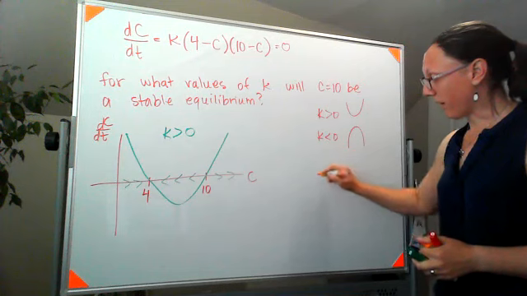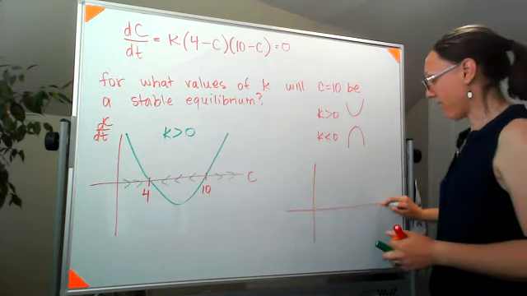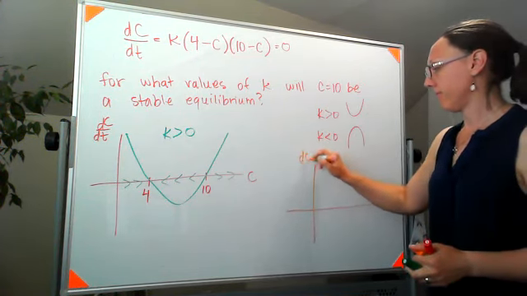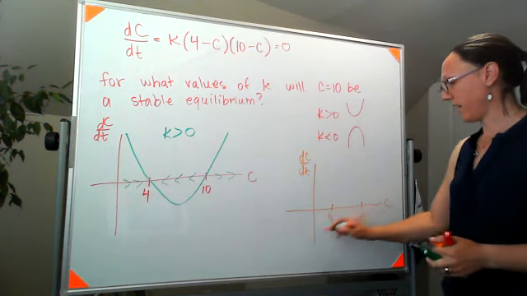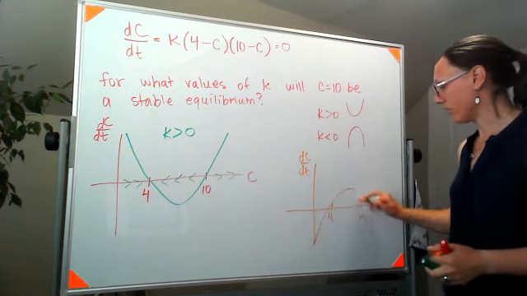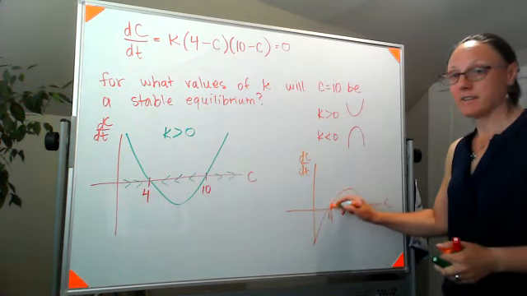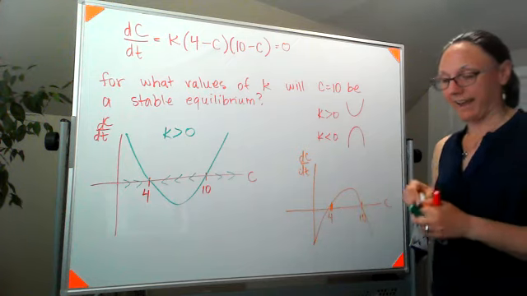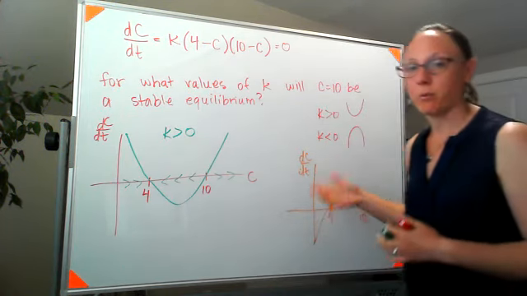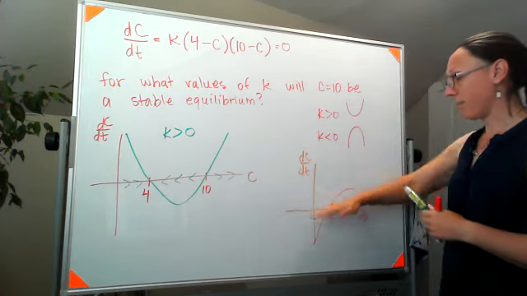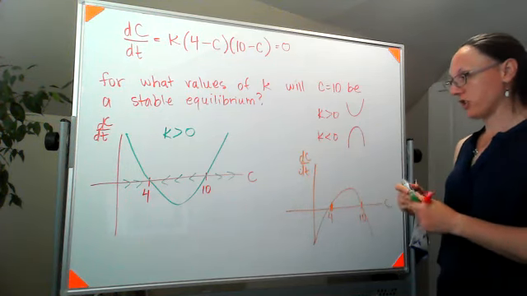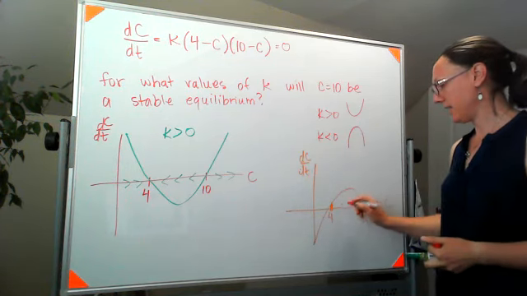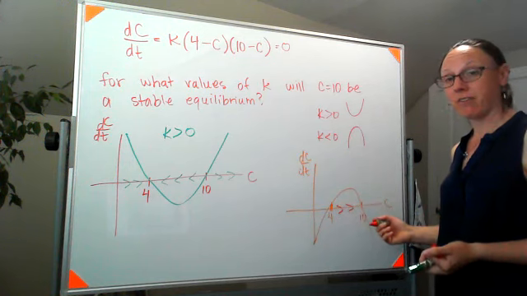But if I draw my graph in with k less than 0, then here's 4 and here's 10. And now my curve should look like this. We'll just make it a little bigger. And if we follow that same rule, that everywhere above the c-axis dc/dt is greater than 0, then I should be headed to the right, or towards bigger c values.